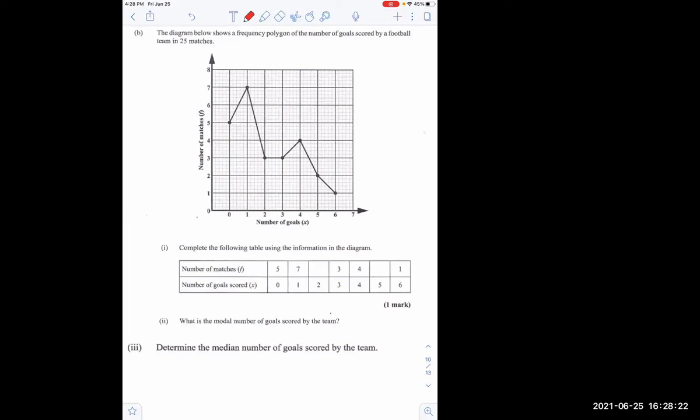All right. Look at the table. Tell me how many matches are there for 2 goals and how many matches are there for 5 goals. And tell me what is the modal number of goals. So the modal number of goals is the X value with the highest F value.